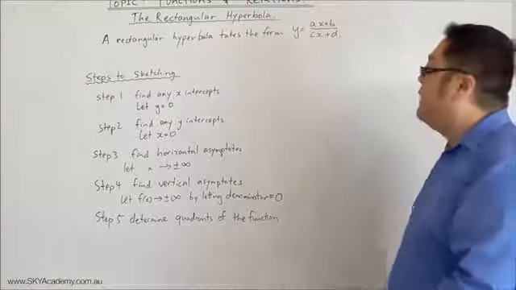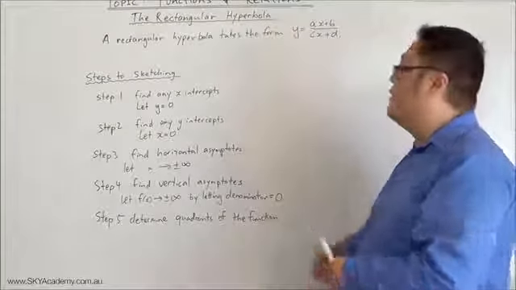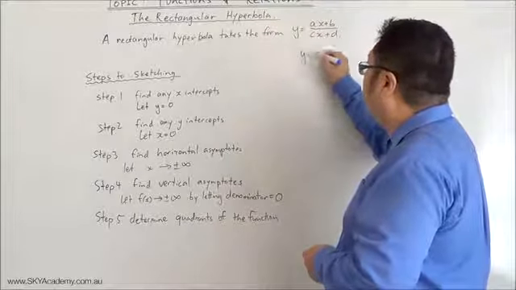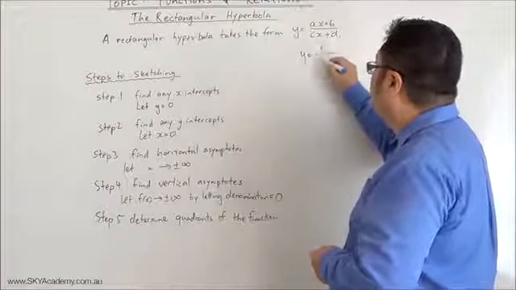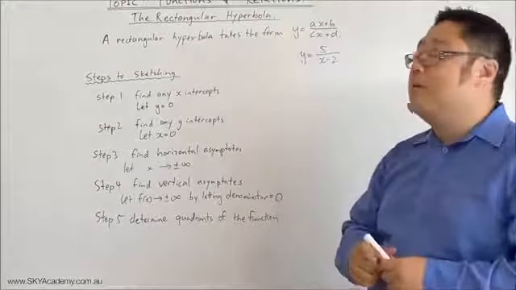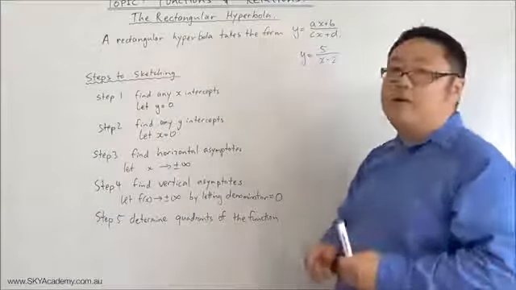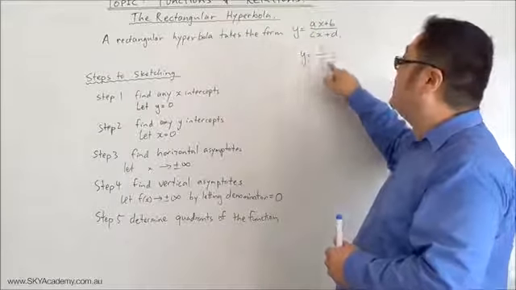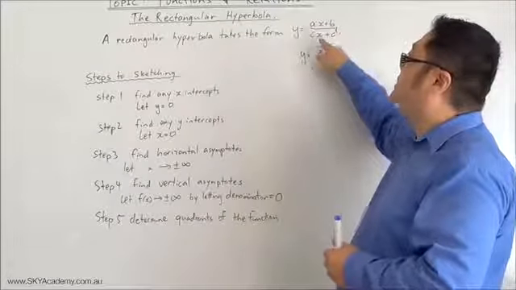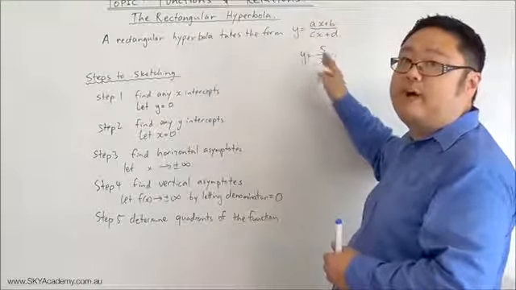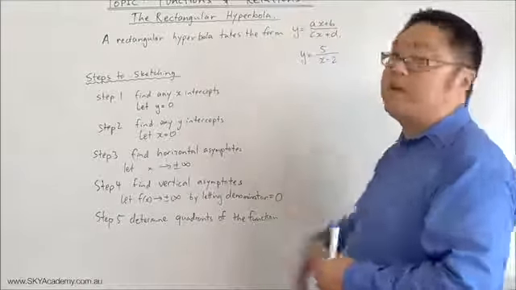Let me give you a quick example: y equals 5 over x minus 2. See how it fits that form? In this case a would be equal to 0, which allows b to equal 5, and it does fit the form of a rectangular hyperbola.